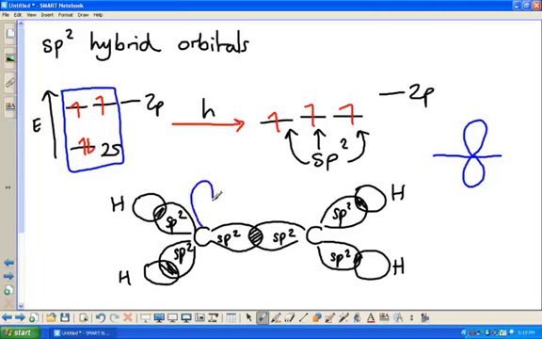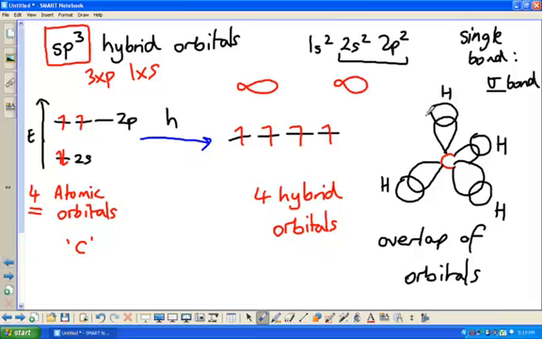And each of those carbons has this sp2 orbital on it, and has this p orbital on it. And this doesn't really show it. The p orbitals are actually much more diffuse than that, and there is overlap between these two. So as we saw before, when we have a single bond, this is essentially end to end overlap of orbitals.